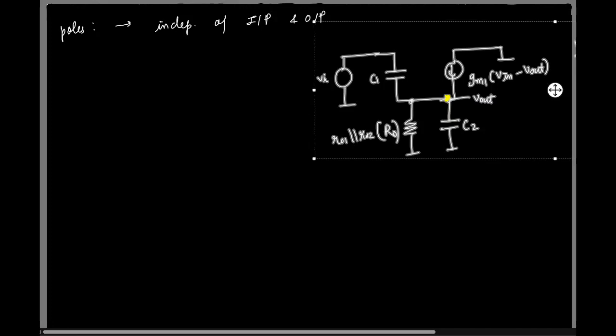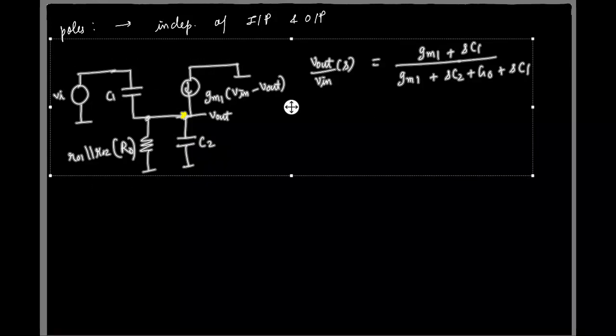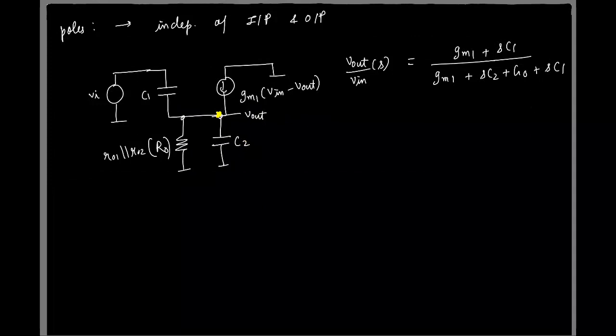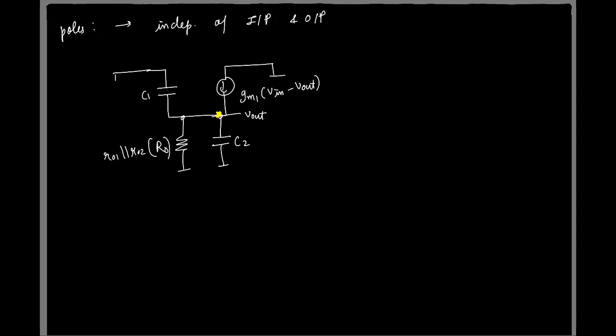So let me copy paste this guy. To get an estimate of the pole location, I don't have to apply the input because it doesn't depend on the input. So I'll just ground this, right? And now when I do that, Vin goes to 0. So here this just becomes minus GM Vout.